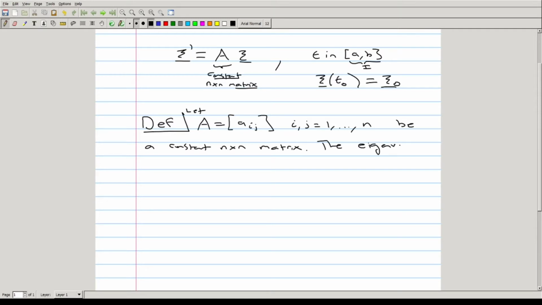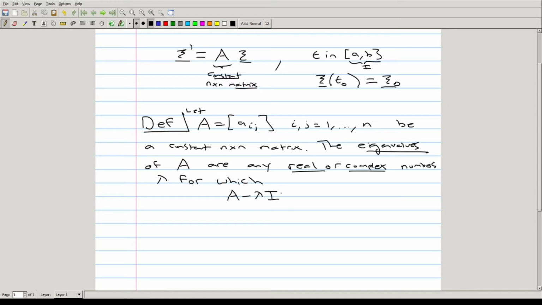The eigenvalues of A are any real or complex numbers lambda for which the matrix equation A minus lambda times I times U is equal to the 0 vector.